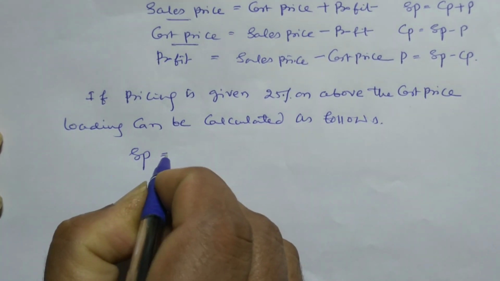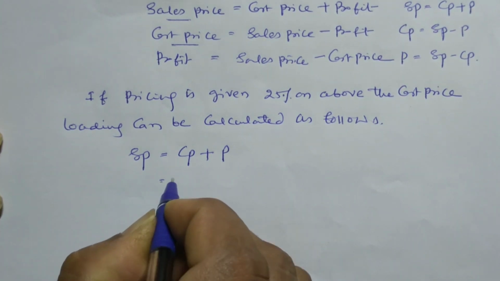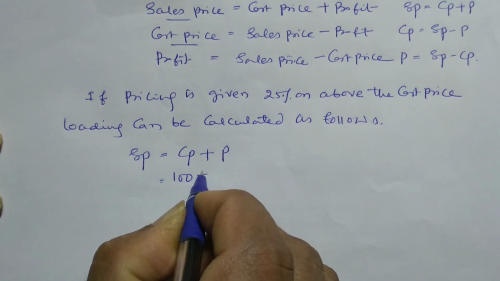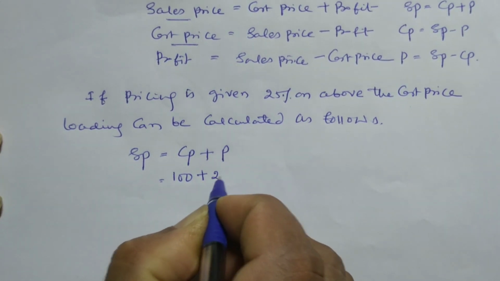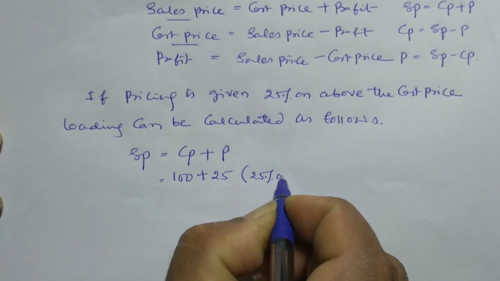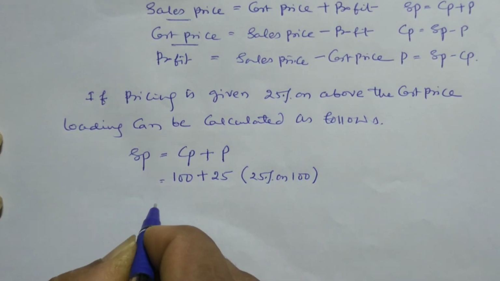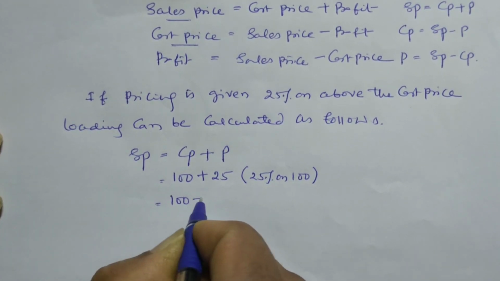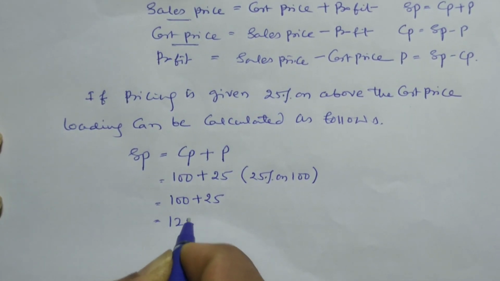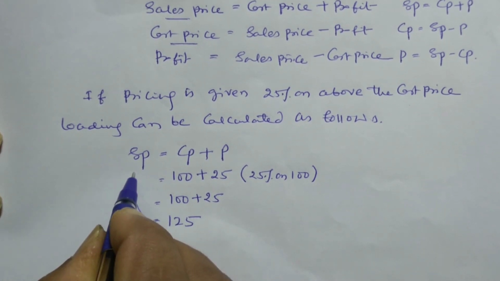Sales price SP is equal to CP plus P. In this case, if cost price is 100, the profit is 25%. It is 25% on 100. It means that 100 plus 25 is 125. This 125 is equivalent to sales price.